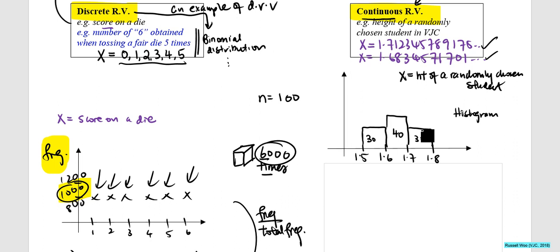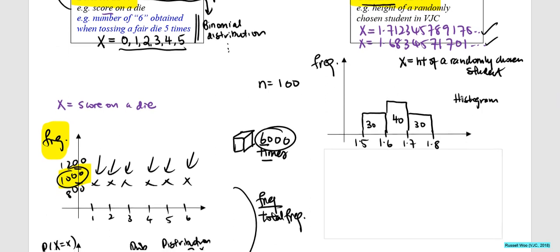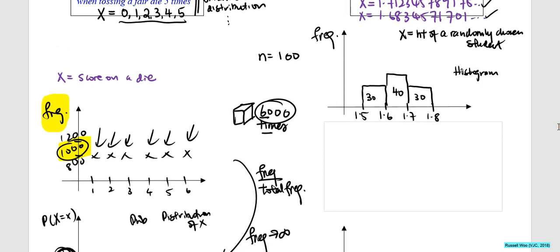This one we call frequency. Now, is it possible that this is 30, this is 40? But this is a bit too rough.